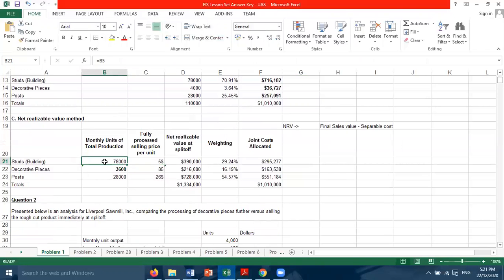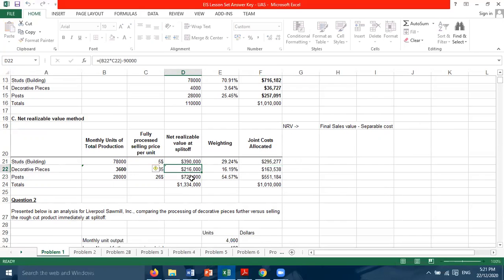Now, after getting the monthly units and the fully processed selling price, we'll be able to find the final sales value. Just multiply 78,000 times 5. And then once we have the final sales value, all we need to do is minus it by the separable cost. In this case, studs and posts do not have separable costs because they are not further processed, right?